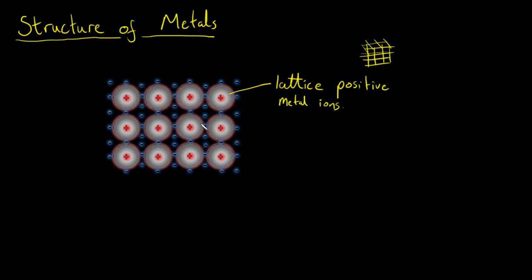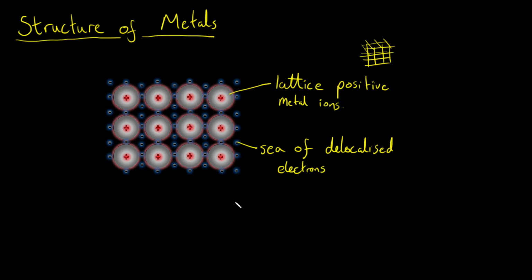We describe these free electrons as a sea, because there's lots of them, of delocalized electrons, which just means they do not have a specific location. They can move wherever they want. So it's a sea of delocalized electrons.